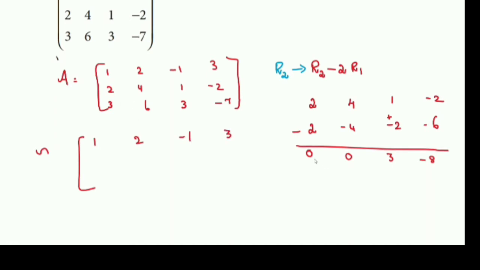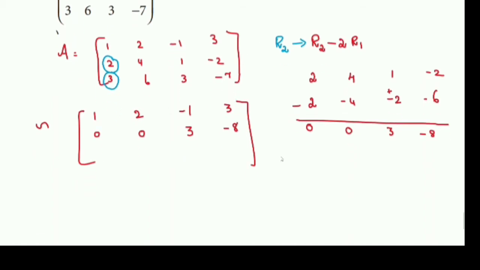The second row has changed, so write that here: 0, 0, 3, minus 8. Now the third row is 3, 6, 3. We have to make this 0 now, because in echelon form all the entries below the first non-zero element should be 0. We made this one 0, but we haven't made this one 0. So what should you do now?